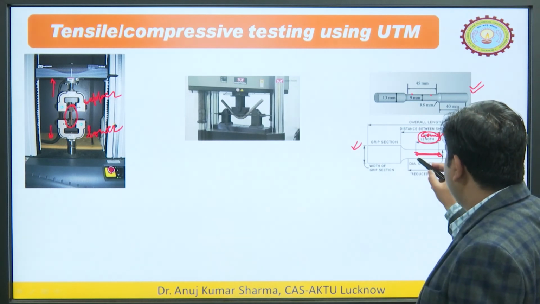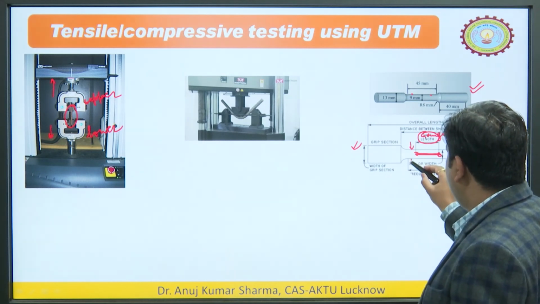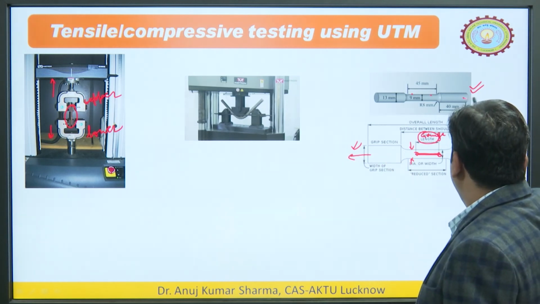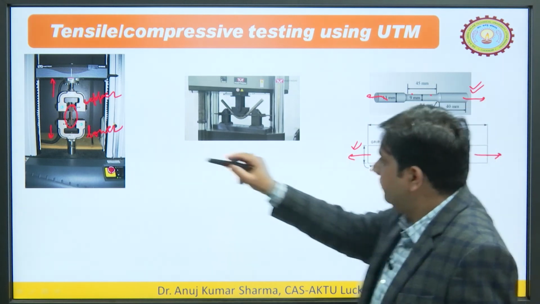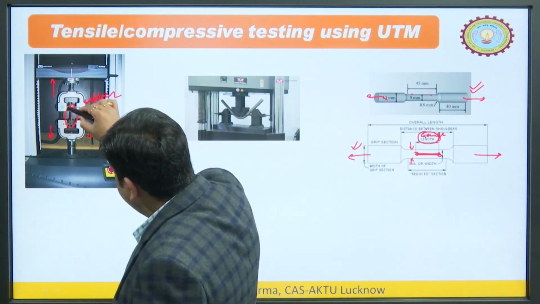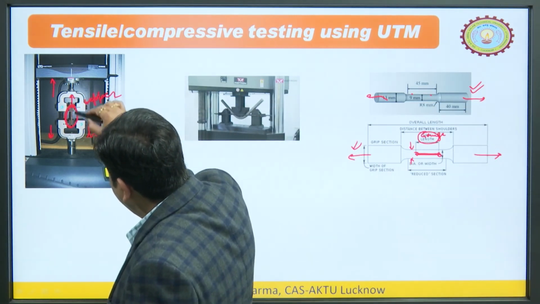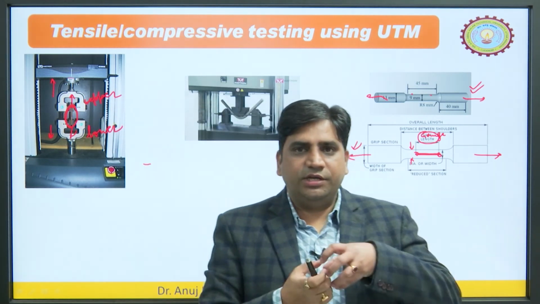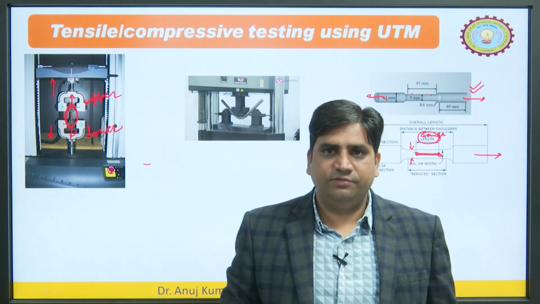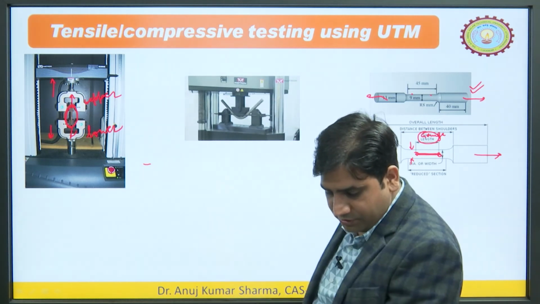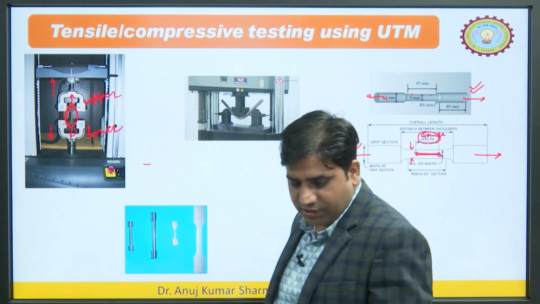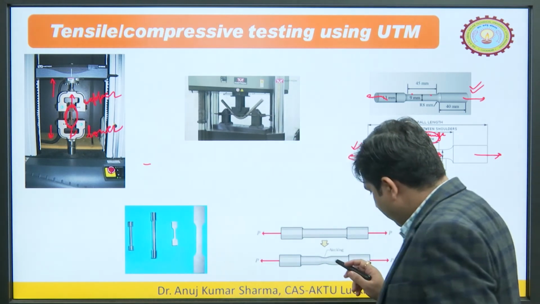So, this is the gauge length and this is the initial diameter, and when you stretch it in this direction, like this, we are stretching it with the help of this machine. It is applying some tensile force. I will discuss in detail in the next lecture what happens due to that.